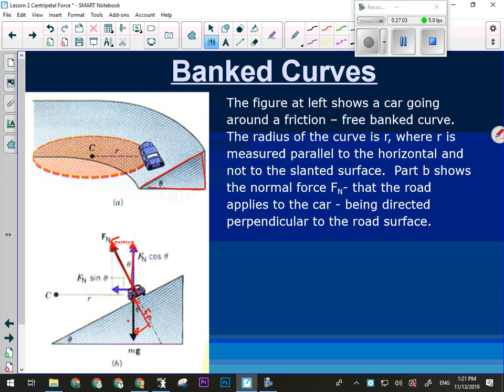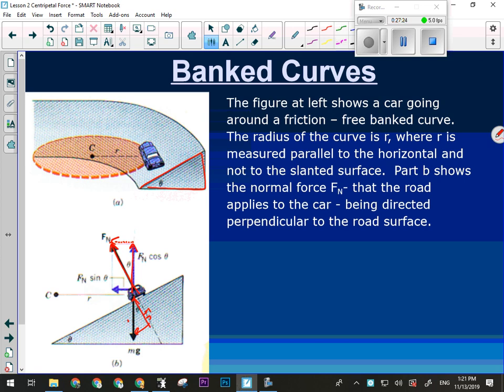Usually we call forces that are directed towards the center centripetal forces. So this side of the triangle is going to be providing us with the centripetal force. So we don't have to rely on friction here. Friction is going to be involved, it's there, but we don't have to rely on it.